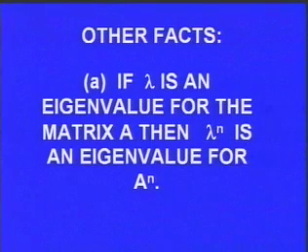For example, let's say that I have a particular matrix where 2 is an eigenvalue. If I were to then do A to the third power, then I know 2 to the third power would be an eigenvalue for the new matrix.